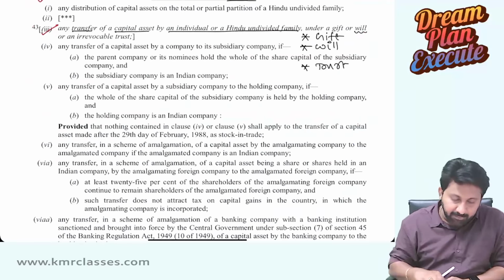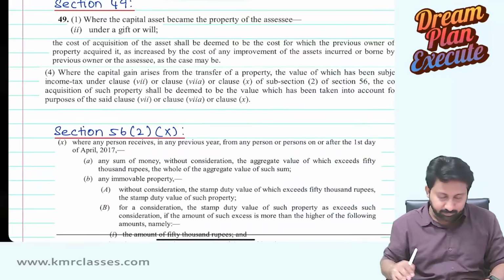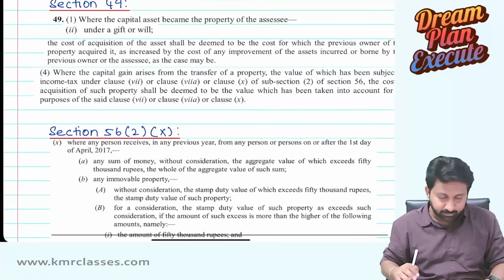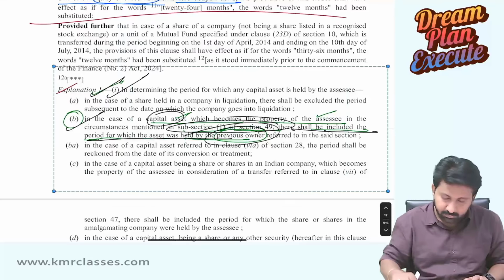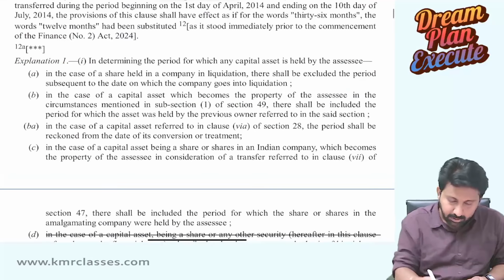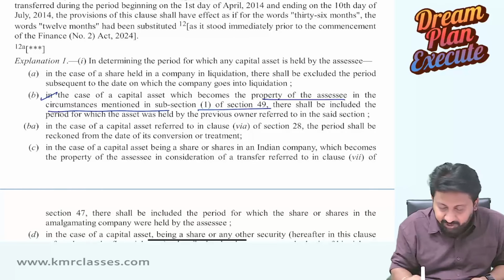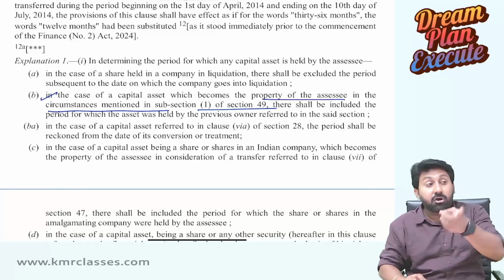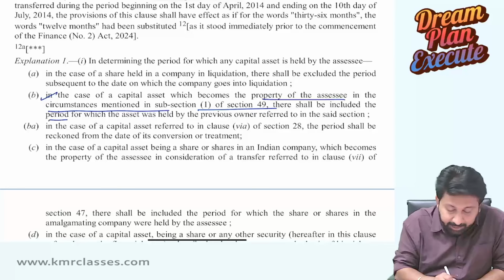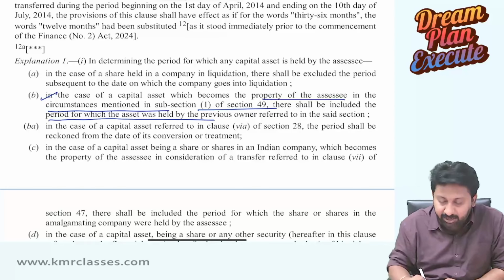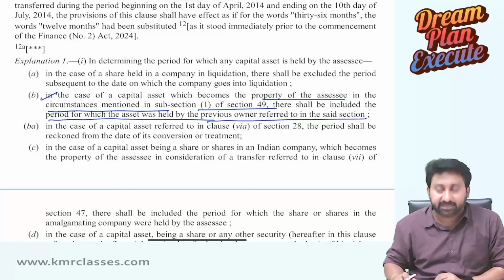Now, going back to section 2 clause 42A. In case the capital asset becomes the property of the assessee in the circumstances mentioned in 49(1), one of the points being gift, will or inheritance, irrevocable trust, there shall be included the period for which the asset was held by the previous owner referred to in that section.